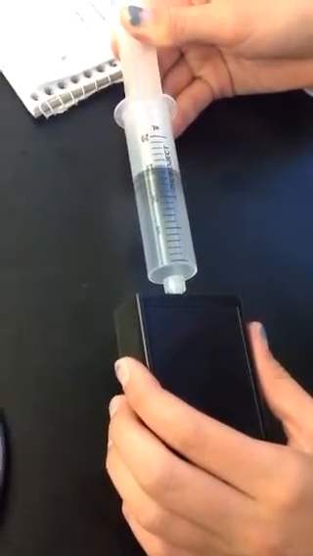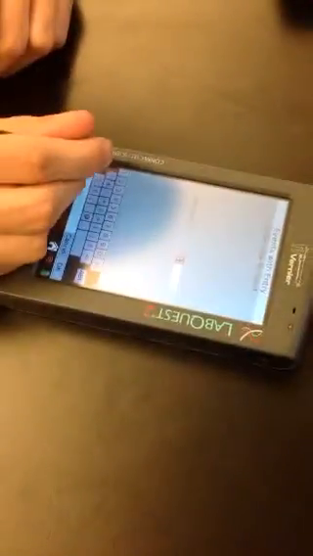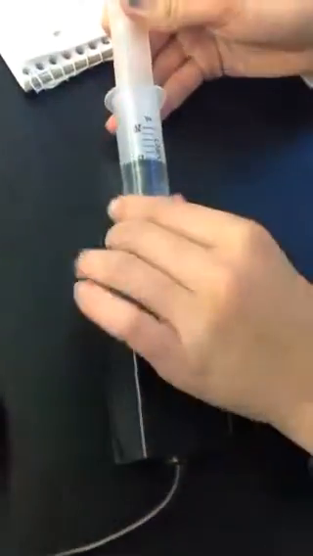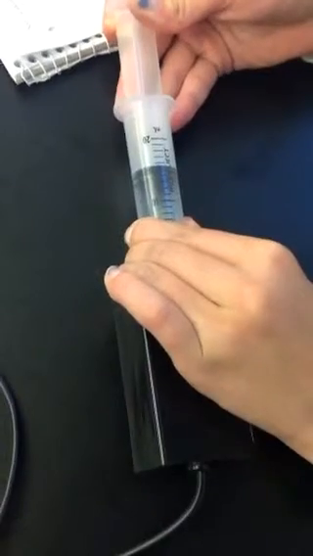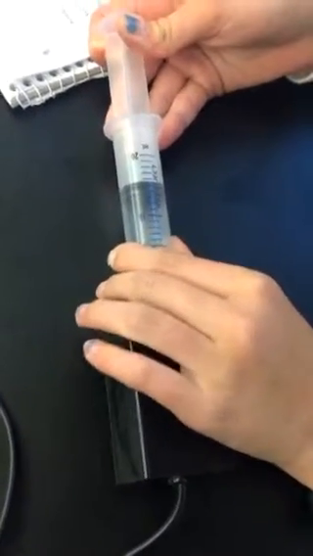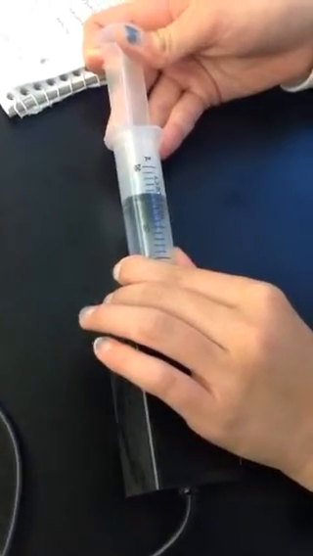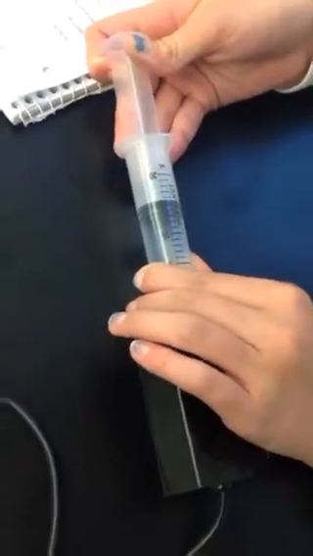And 13. And 14 milliliters, and you can see she's having to work really hard now to hold it. It's trying to suck itself back to its original volume because the pressure's really low inside.